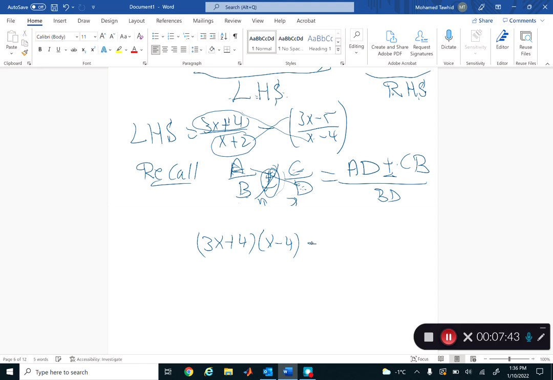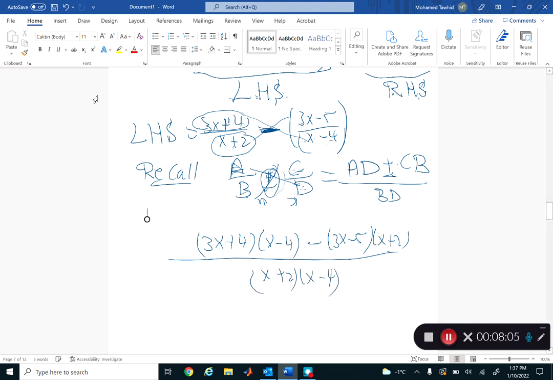What is the sign in the middle? Minus. Then 3x minus 5 multiplied by x plus 2, and the whole thing divided by x plus 2 multiplied by x minus 4.